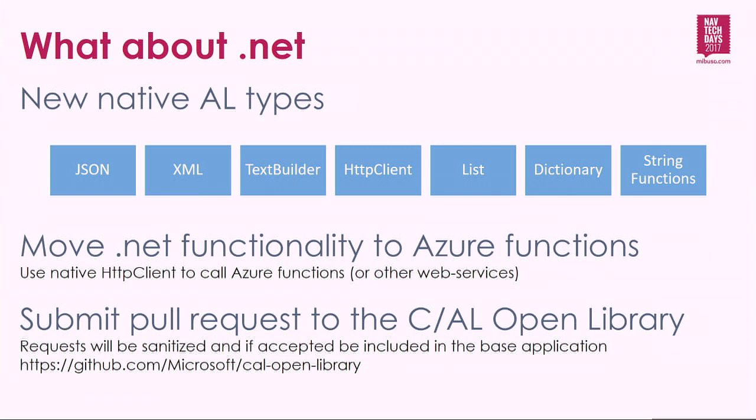And then we have added lists and dictionaries in a generic form. Not everything can be used as the generic part of it, but the basic types, everything you can return from a function, can be used. And then we added some additional string functions.